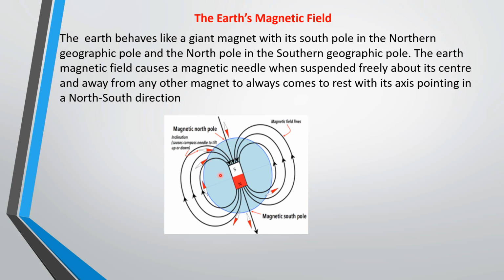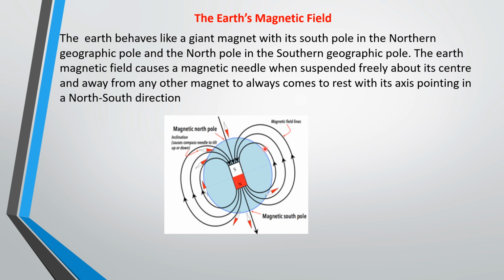Because of this behavior, when a magnetic needle is suspended on the Earth freely about its center and away from any other magnet, the needle will settle with its axis pointing in a north-south direction. So assuming this is the magnetic needle, if it is suspended freely, you find out that the magnet will settle in the north-south direction.